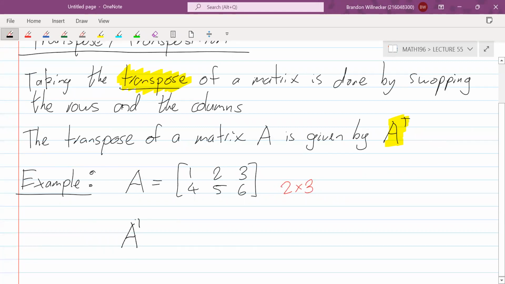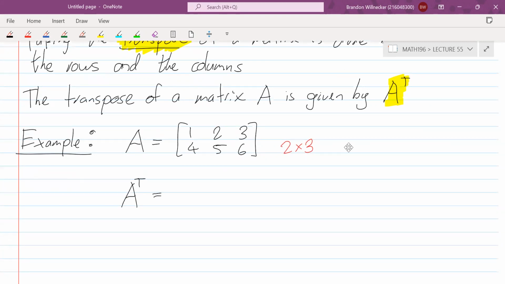We're going to swap the rows and the columns. So the rows are going to become columns and the columns are going to become rows. So 1, 2, 3, that's the first row. That becomes the first column. 4, 5, 6, that's the second row. That now becomes the second column.